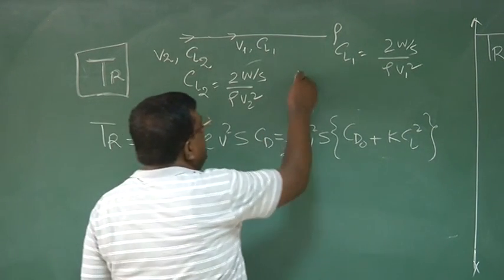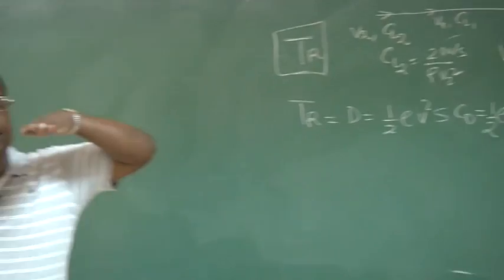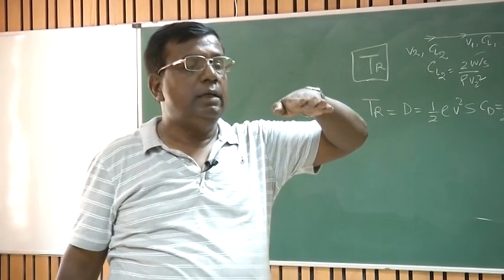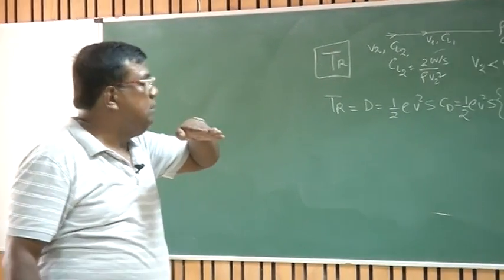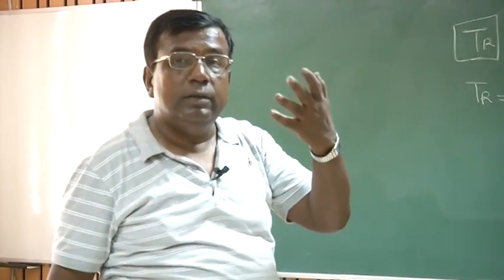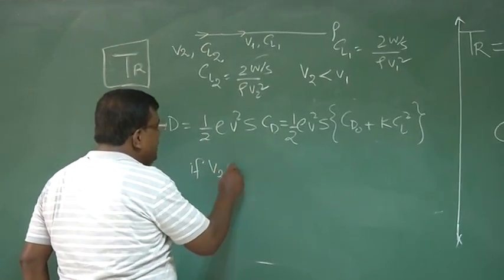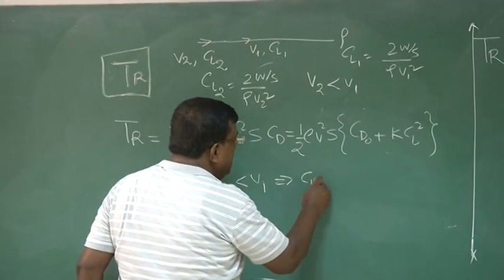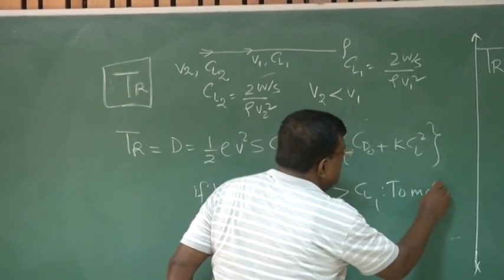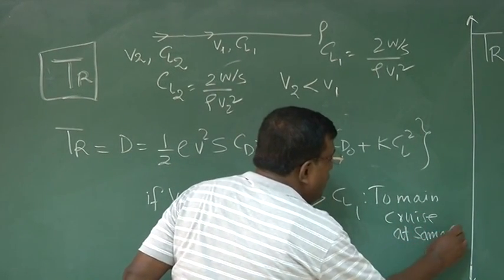If V2 is less than V1, say initially I am going at 80 meters per second at a height of 10 kilometers, I need a CL. Now, at the same height, I am flying at 70 meters per second, then the CL requirement will be more because I want to balance the weight. So if V2 is less than V1, that implies CL2 is greater than CL1, to maintain cruise at the same altitude.